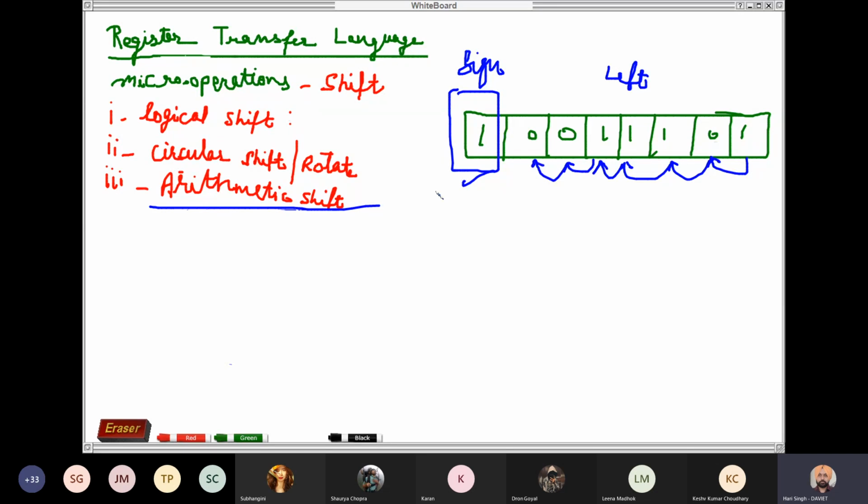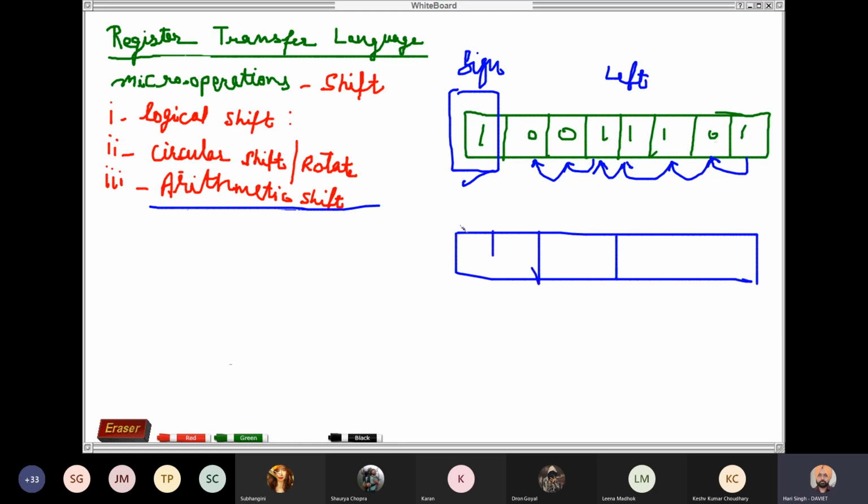And this sign bit does not participate in the shift operation, and the new value will be 1, 0, 1, 1, 1, 0. Arithmetic shift we will be using while performing binary division, that we'll discuss in next lectures.